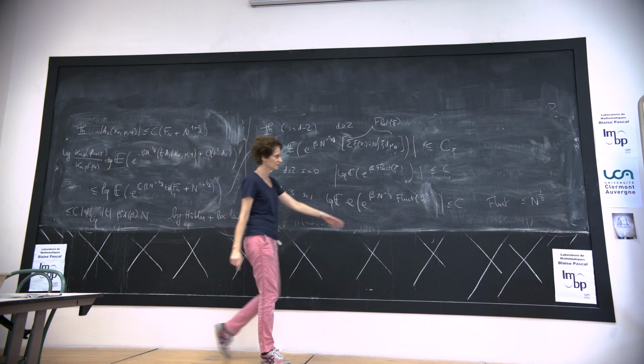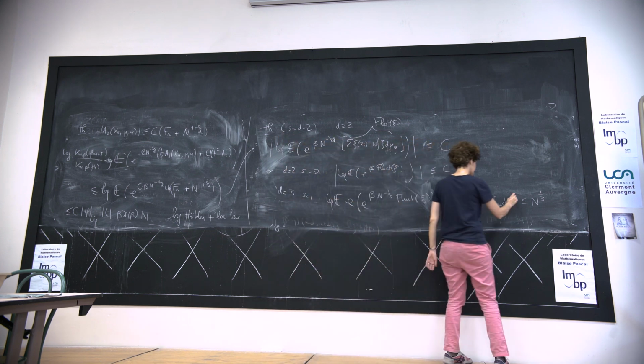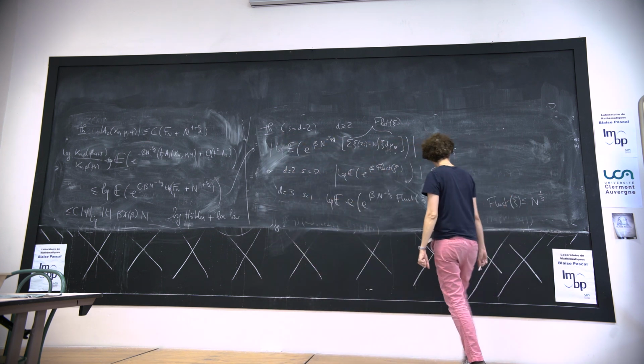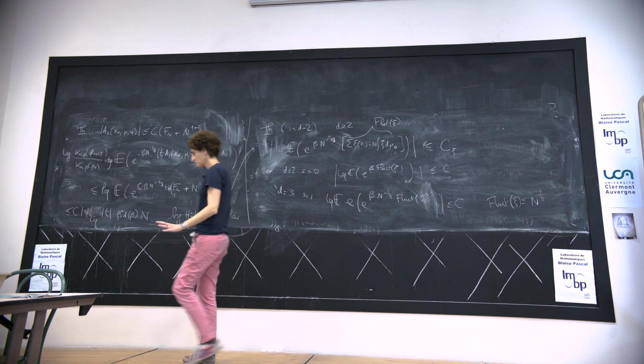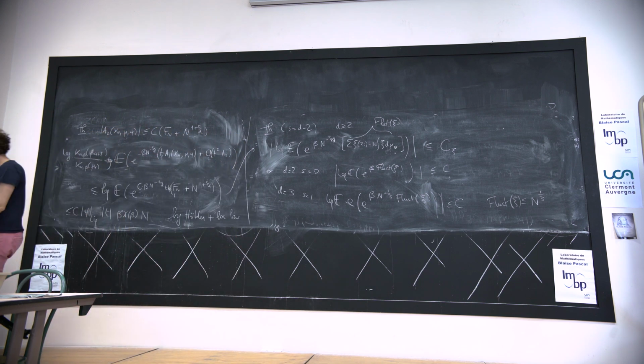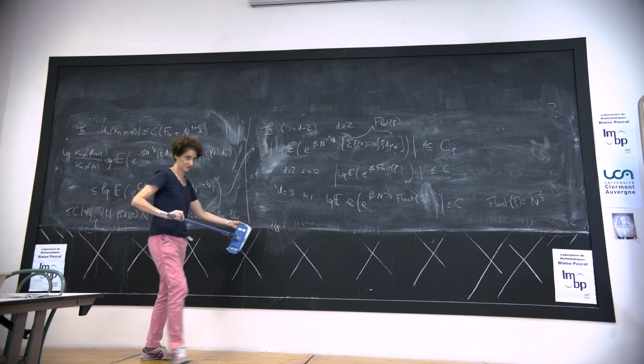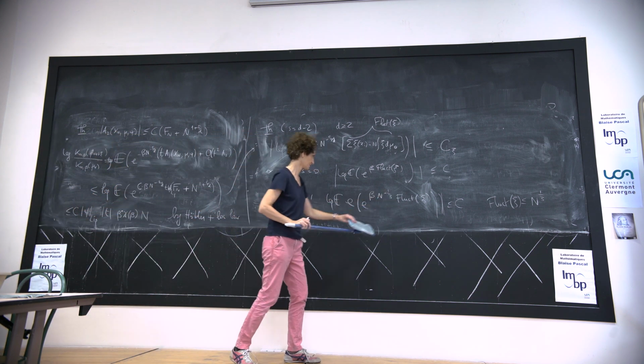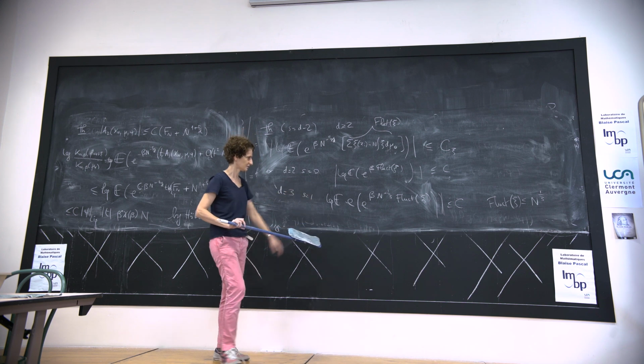It wasn't very clear what the order should be. Even in the physics literature, there are some conjectures, but it's not clear that this is sharp. This is a bound, but is it the best bound? Not clear. Probably not, actually, in higher dimension. In dimension 2, we're going to see it's sharp.